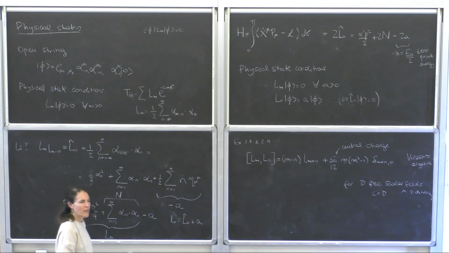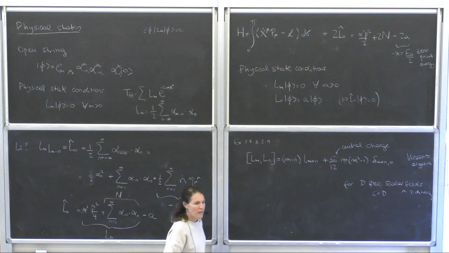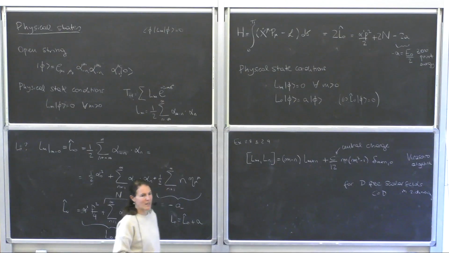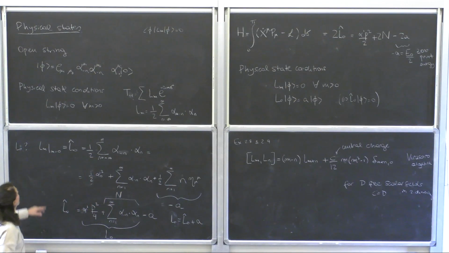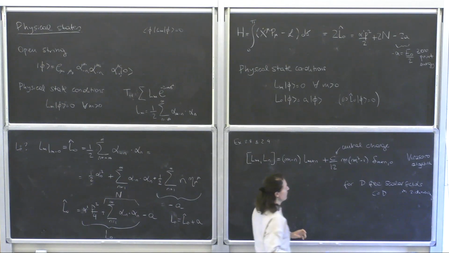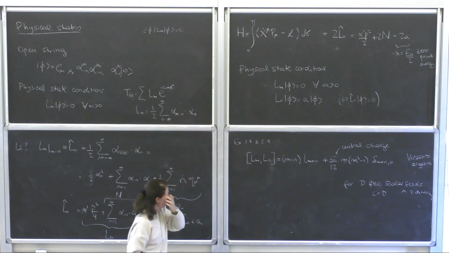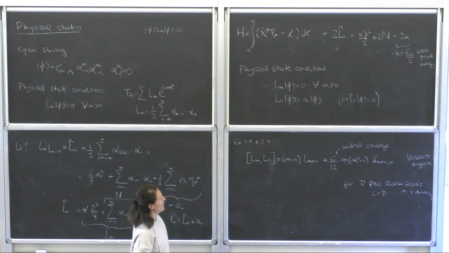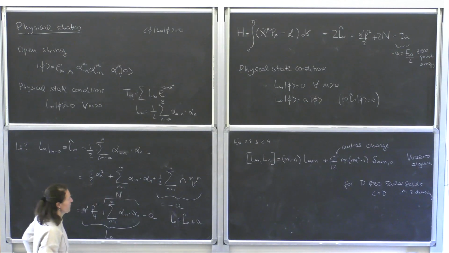Yes? So doesn't it show why we can't do Lm and L minus m? Yeah, exactly. From this you can see precisely that you cannot require Lm and L minus n annihilating the vacuum at the same time because you have this central charge term, which is related to the zero-point energy.